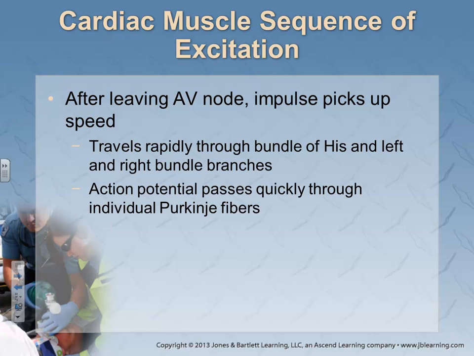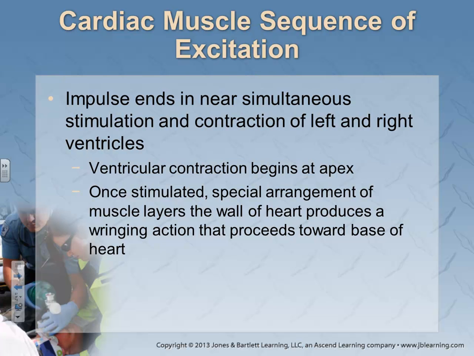It has to go in a rhythmic fashion, by this power line, if you will. Simultaneously, the left and right ventricles are going to contract and release, and then we're going to enter into what? Repolarization, resting potential, right?